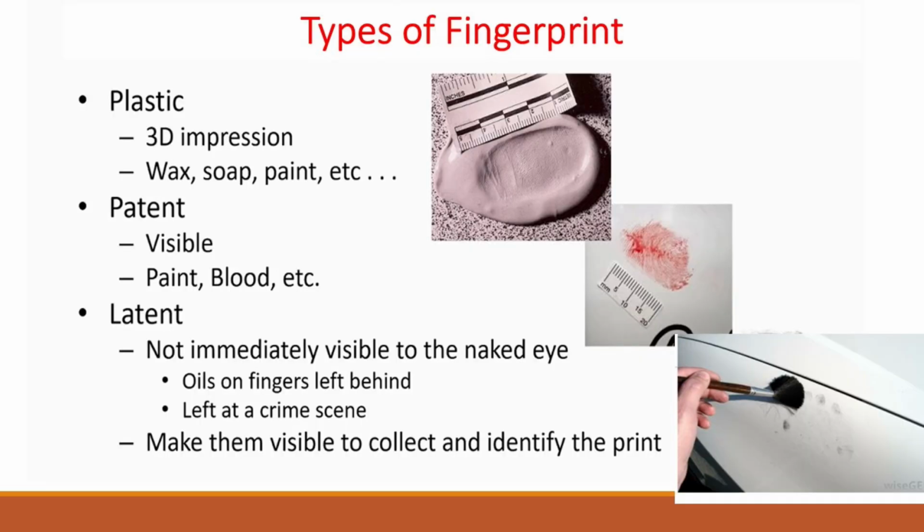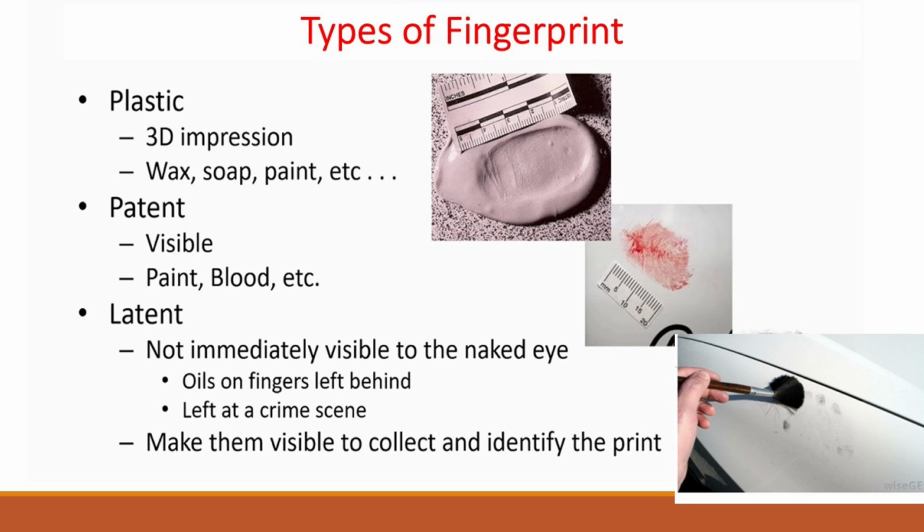Types of fingerprint. We have three types of fingerprint: plastic fingerprint, patent fingerprint, and latent fingerprint. Plastic fingerprint is that 3D impression that is left on surfaces like wax, soap, solid paint, and so on. Another type is patent.